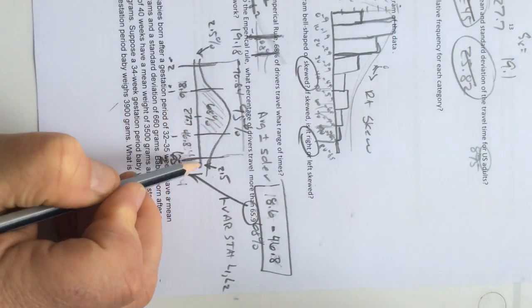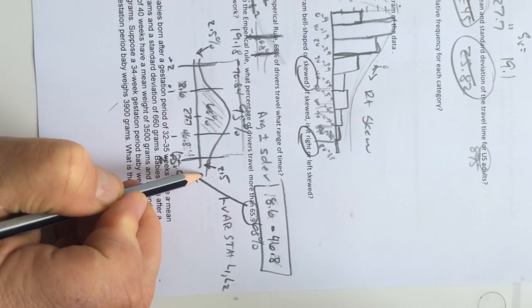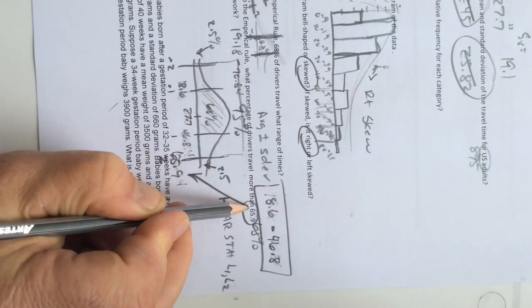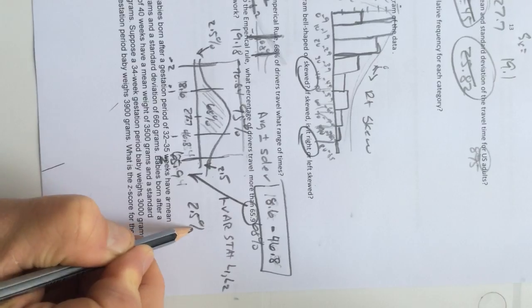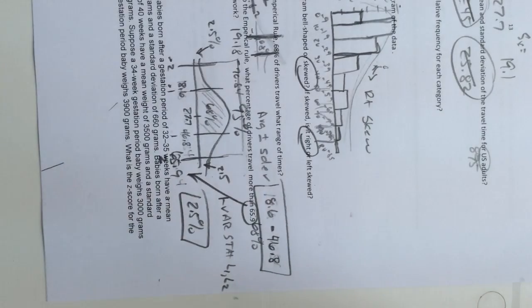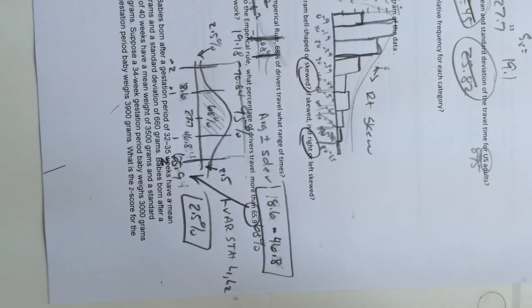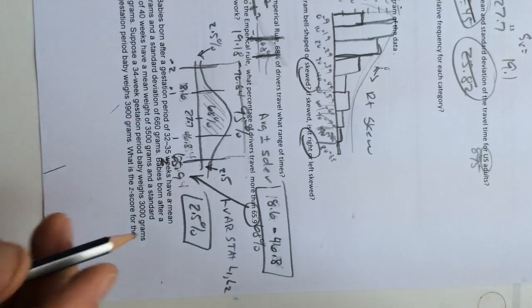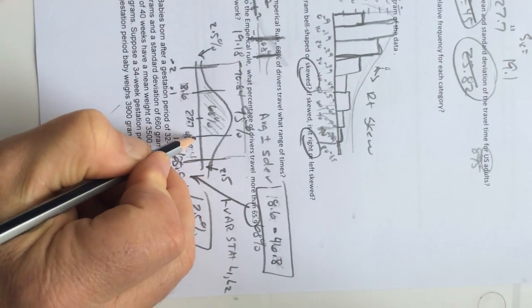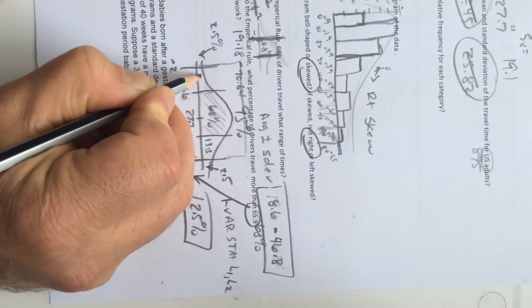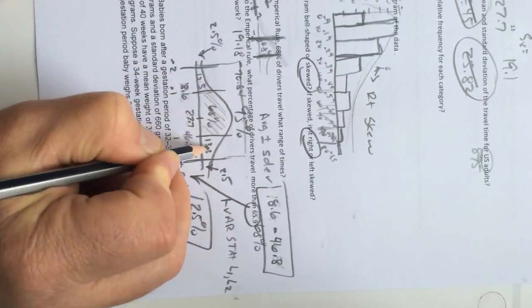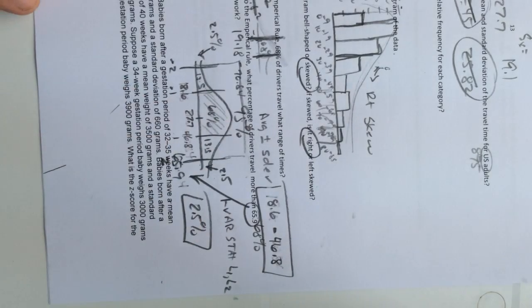Because there's 5% left for the super far out tails. So they want to know more than this spot right here would be 2.5%. If they ever ask you for between 1 step and 2 steps, that's 13.5. And now all of that adds up to 95.